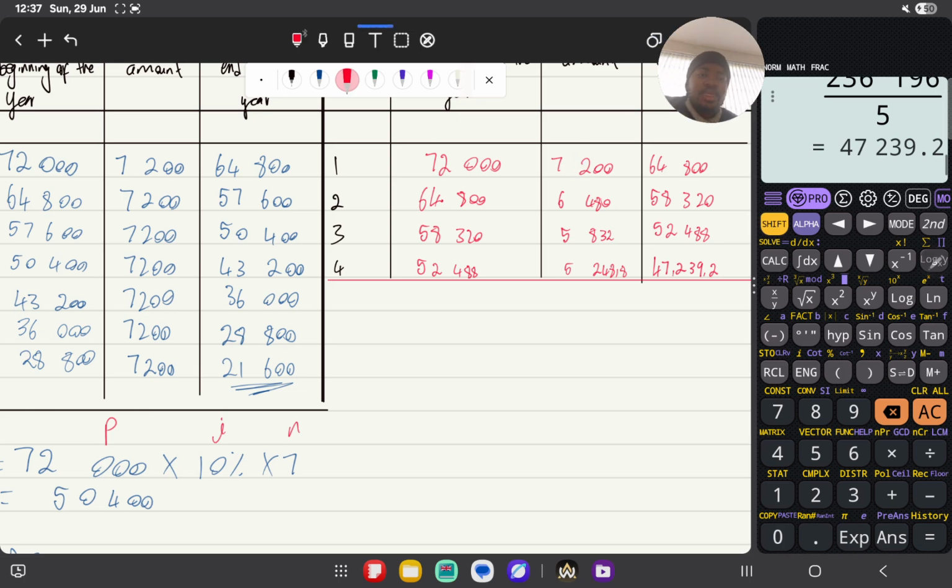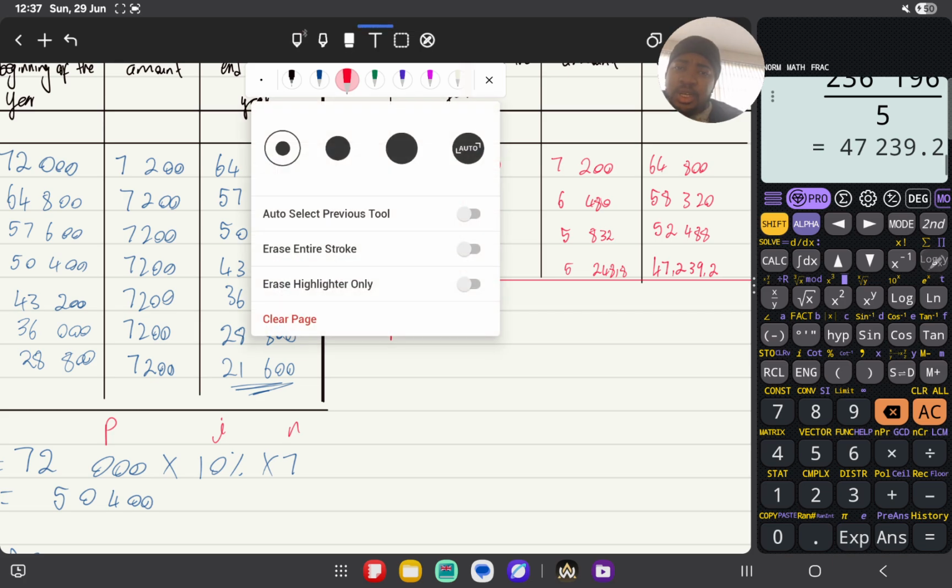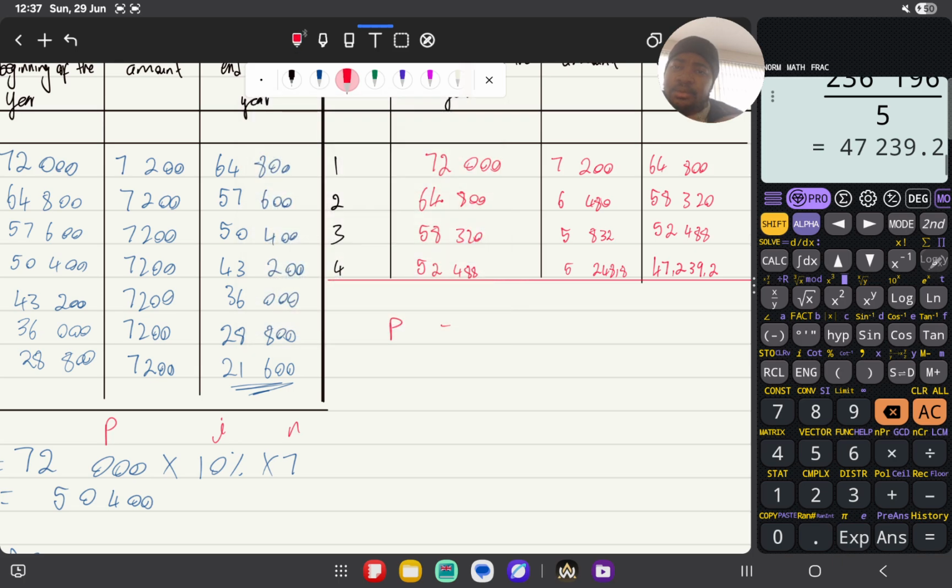So compound depreciation, this is what we're saying. We have the initial value of the car, P, right? Currently this is what the car is worth, and then we subtract the value that the car depreciates by, right? So how do we calculate that value? That value is calculated by the value of the car multiplied by the interest, right?